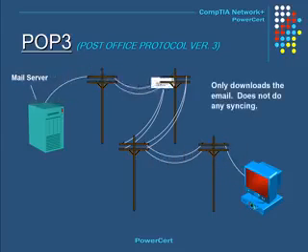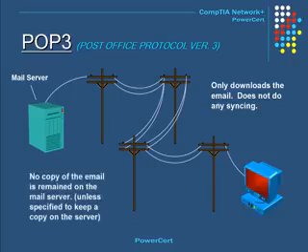It does not sync any email or folders from the mail server and your computer like IMAP4 does, which we'll talk about next. It strictly downloads the email. And typically when your email application using POP3 retrieves the email from the mail server, the email is removed from the mail server, unless you specify in your email application to keep a copy on the mail server. POP3 is commonly used with email applications such as Microsoft Outlook.